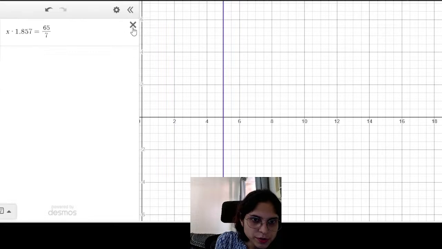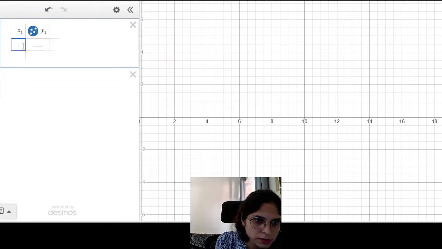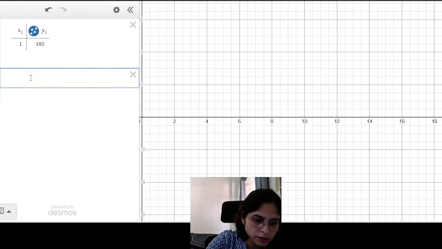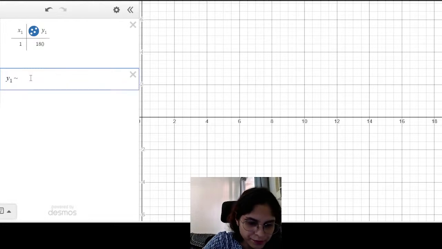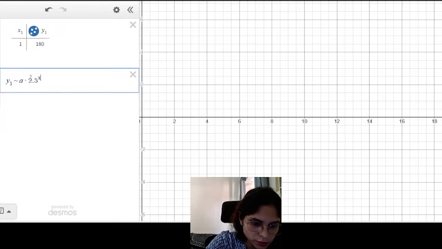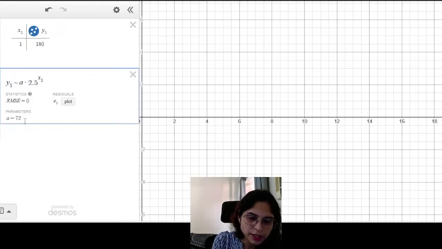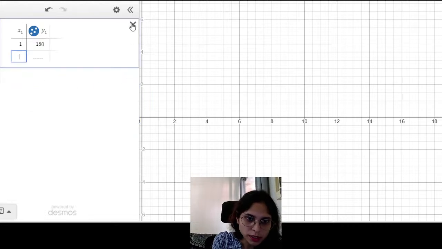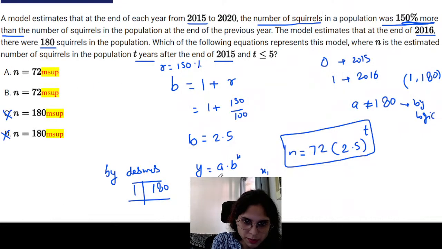Now you go to Desmos. In the table you write 1, 180, and then you write y1, a times 2.5 to the power x1. You will get the value of a, 72. That's one method, or the other method is you have got y is equal to a times b to the power x.